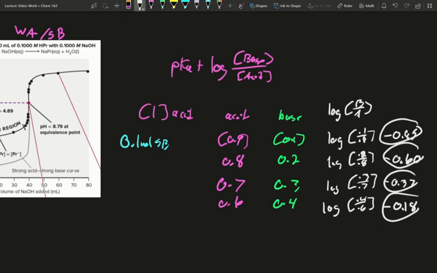So that if we were to shift from a 0.3 base to a 0.4 base and reduce our acid from 0.7 to 0.6, we're only going to see a small change in the pH there, where if we had done that early on from 0.1 to 0.2 and 0.9 to 0.8, we'd see a bigger change in our pH effect.